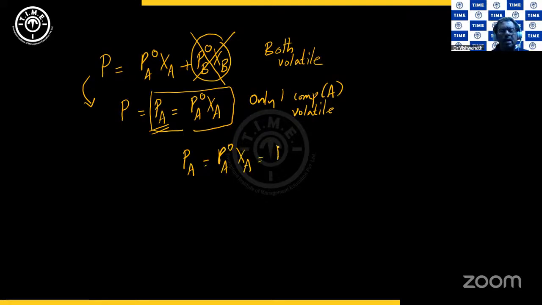Can we not write XA as 1 minus XB? We can. So 1 minus XB equals PA by PA naught. Even for those who are from the non-mathematics background, this should not be a problem. I'll bring this PA by PA naught to this side, and then send the XB to the other side.